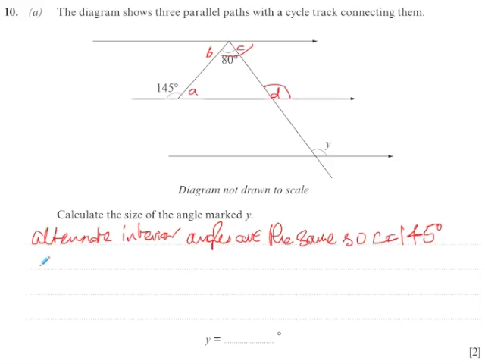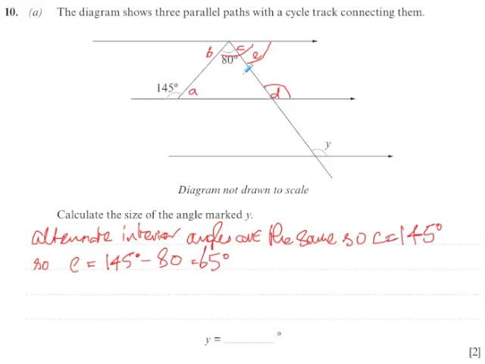Now, so we're going to have another angle here, E. So E equals 145 degrees minus the 80, which is equal to 65 degrees. So E is 65 degrees.